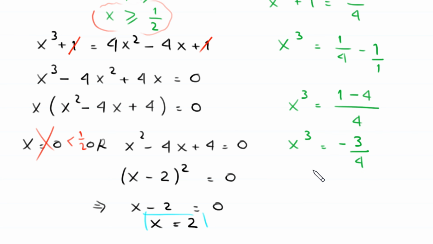If we take cube root of both sides, this implies that x is equal to the cube root of negative 3 over 4. Now we check the validity of these two solutions by using the domain of this equation.